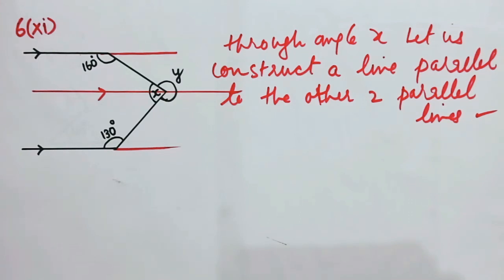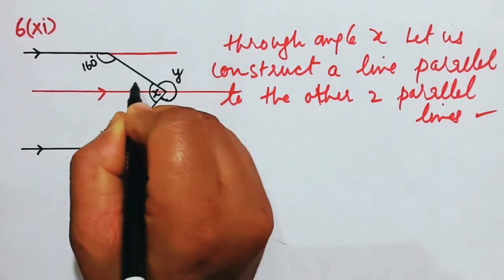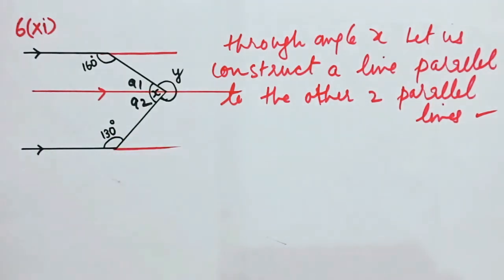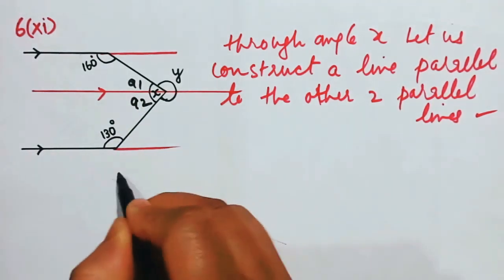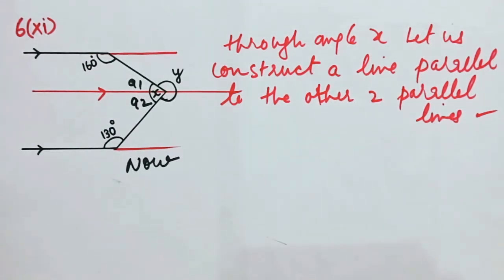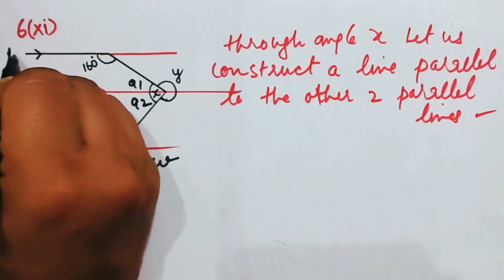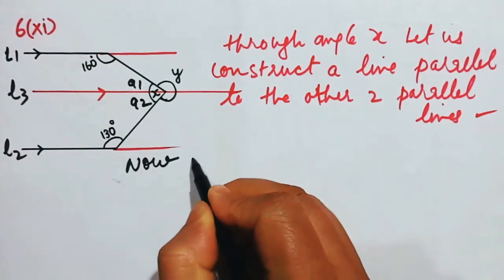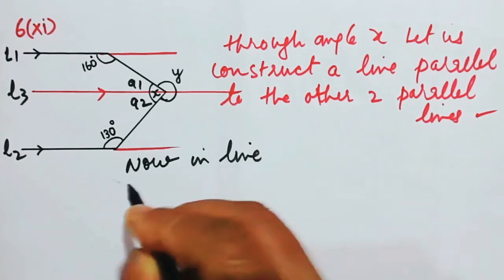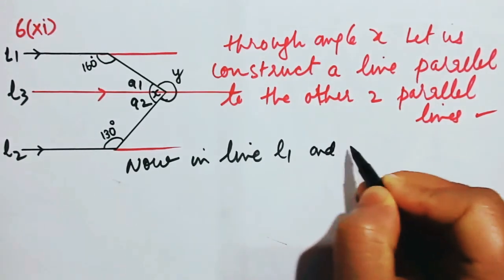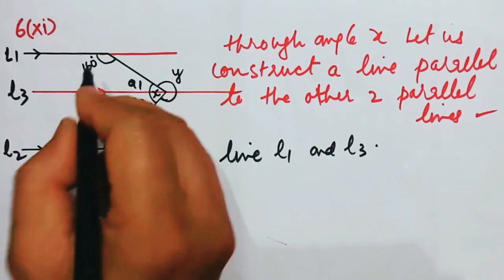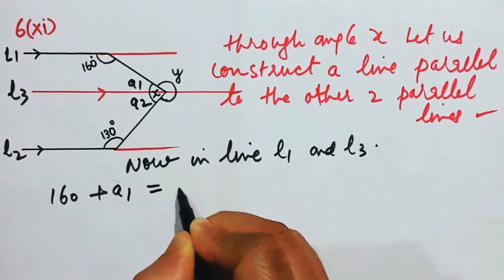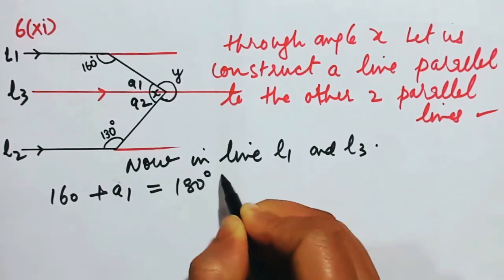Okay, now why not write this one as A1 and here as A2. So now I consider this as my L1, this is my L2 and this is L3. Now in line L1 and L3, 160 plus A1 will be equal to 180 degree.